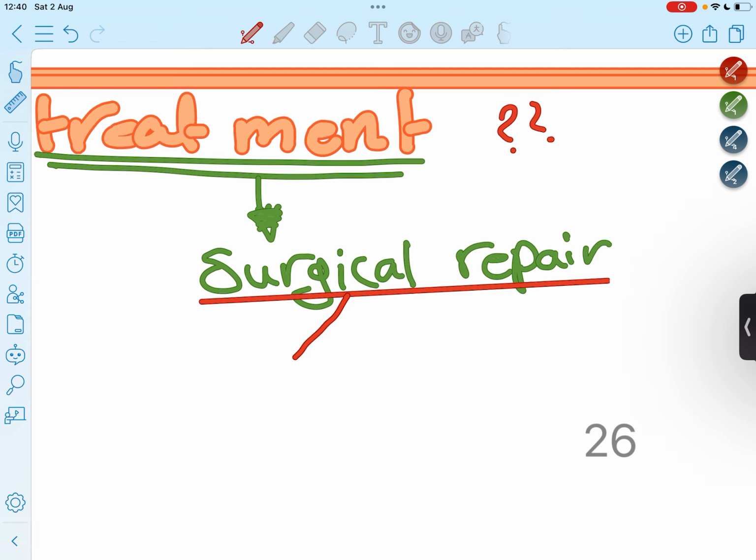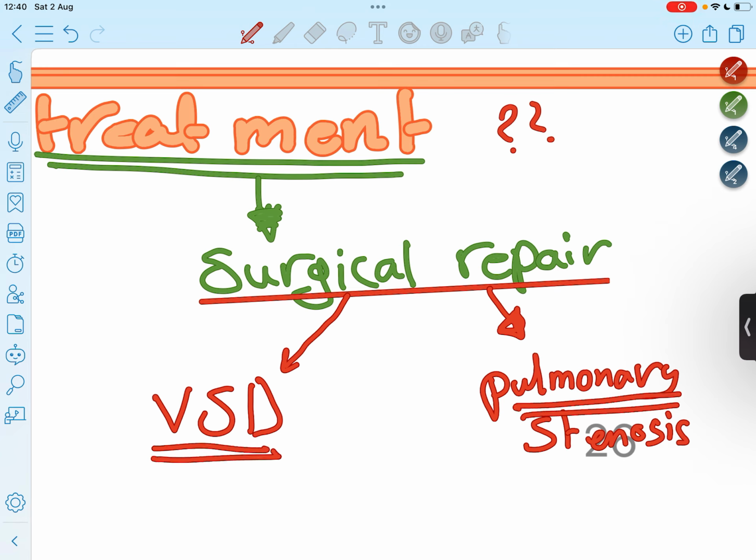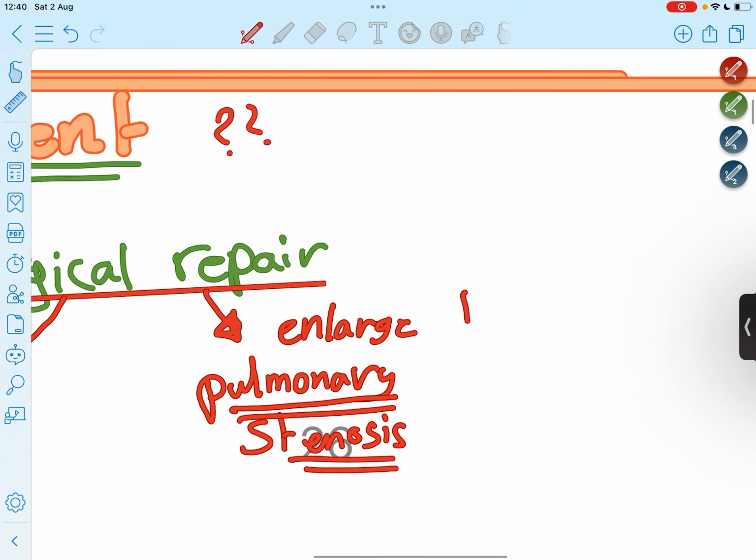In surgical repair, we have to do two things: repair the VSD and the pulmonary stenosis. The VSD is repaired by closing the septum, and the pulmonary stenosis by enlarging the obstructed outflow.